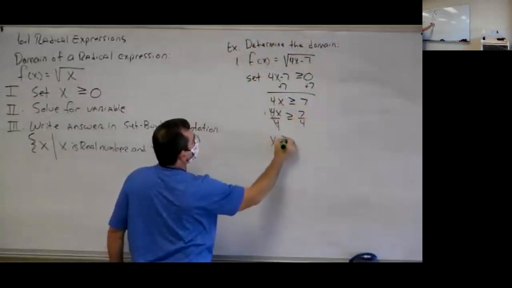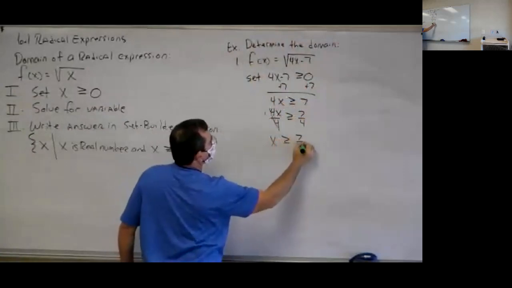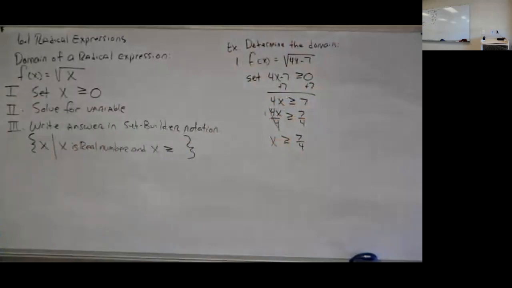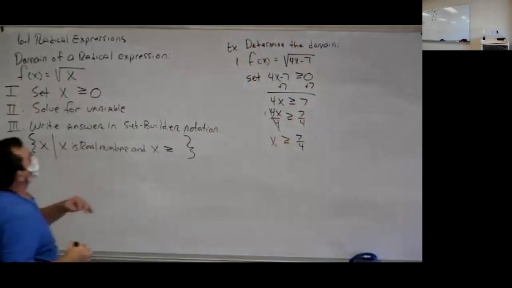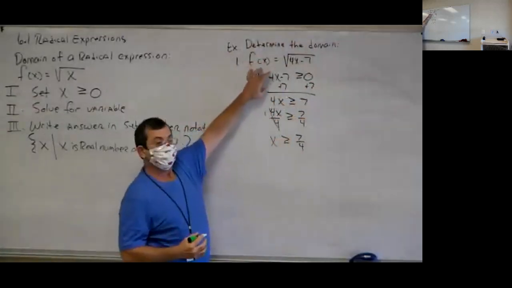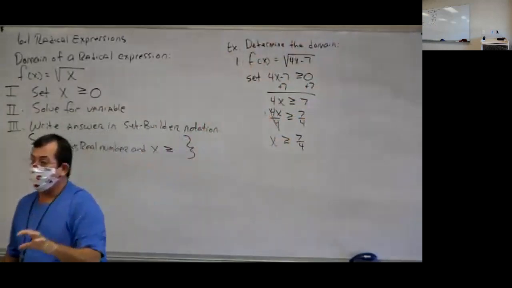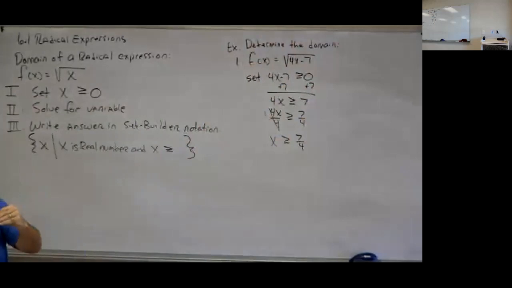So I get an x greater than or equal to 7/4. Now y'all, just be careful when you're doing this part where you're solving it. If your x is negative and you divide by a negative number to get that variable to be positive, you've got to reverse the little inequality around it, okay?